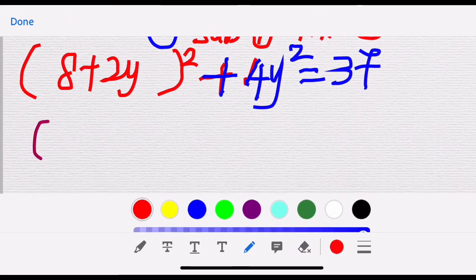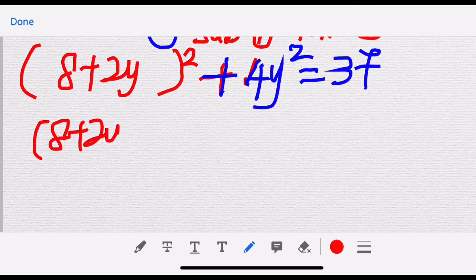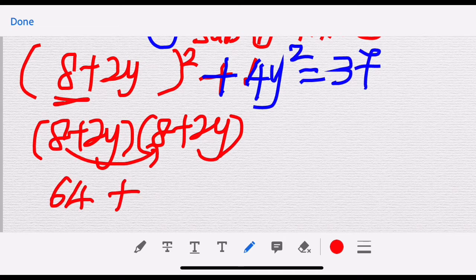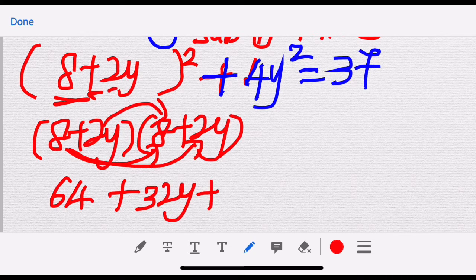If you are still new, you can use your own way, but I encourage you to go for a better way, which is 8 squared. If this is plus, here will be plus 2 times 8 times 2, which is 32, right? So you will get 16 and another 16, which is 32y, and finally the 4y squared.